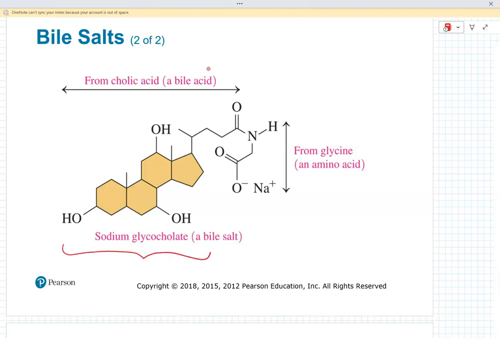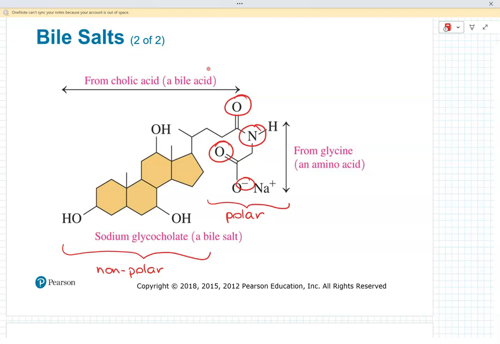This part, your steroid nucleus, the steroid part, is nonpolar, right? And this part, you can see there are charges, there is nitrogen, 2 oxygens, all of it makes the glycine residue highly polar. Are we good?